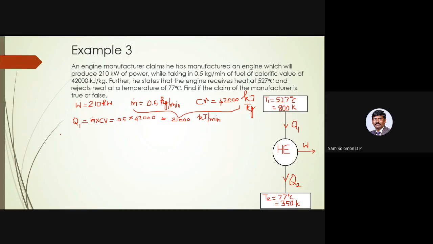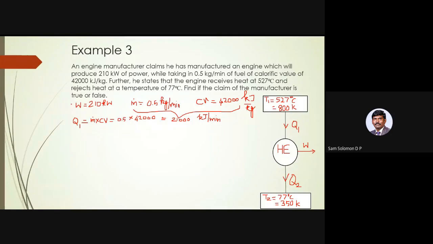And they have given you the temperatures also. So now what they're asking us to find is whether the claim he is making is true or false. They have given us values so that we can get the efficiency for the Carnot cycle and the efficiency for the actual cycle.